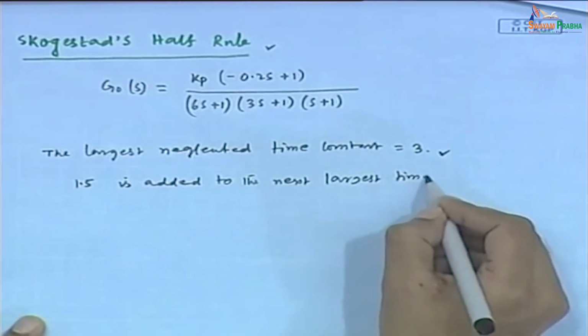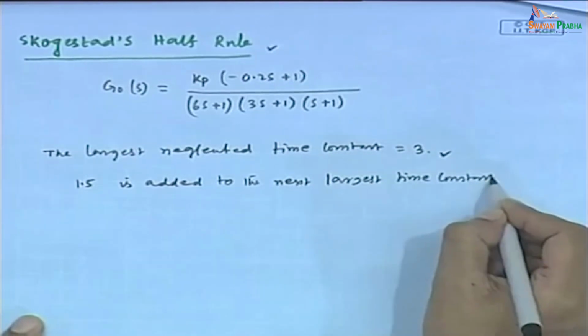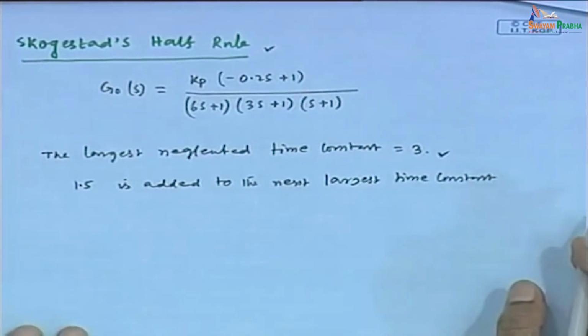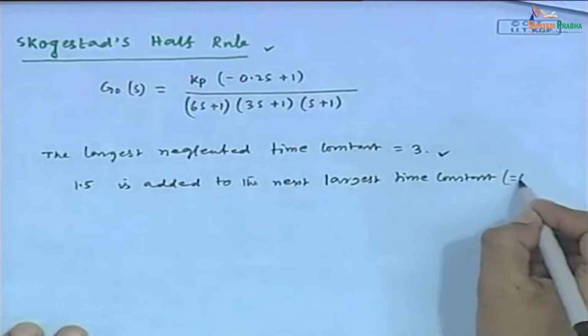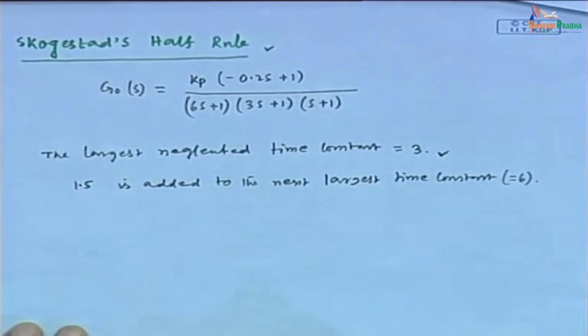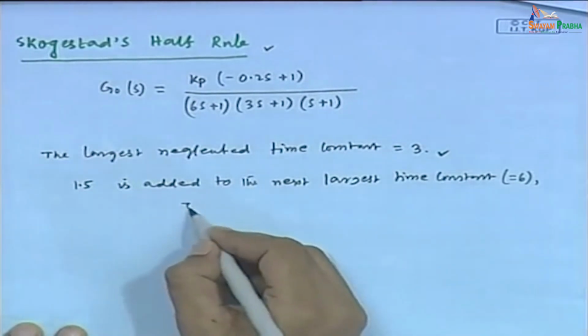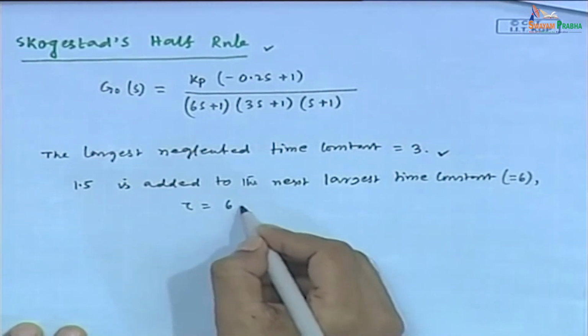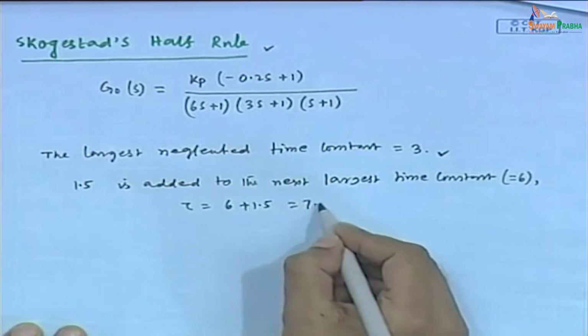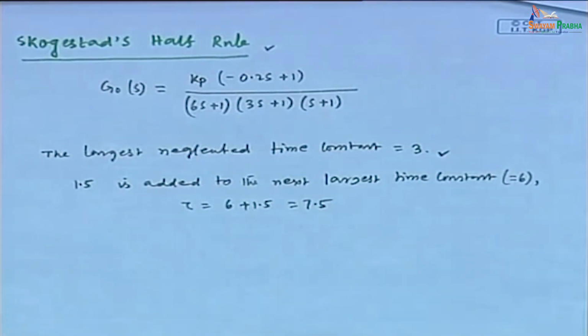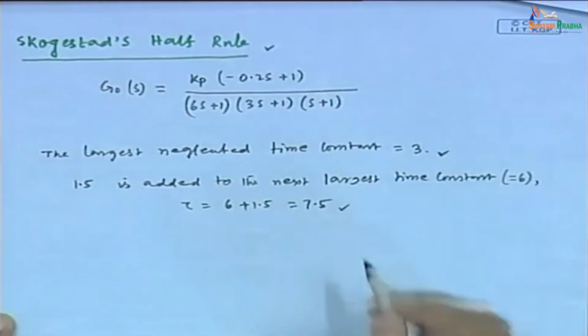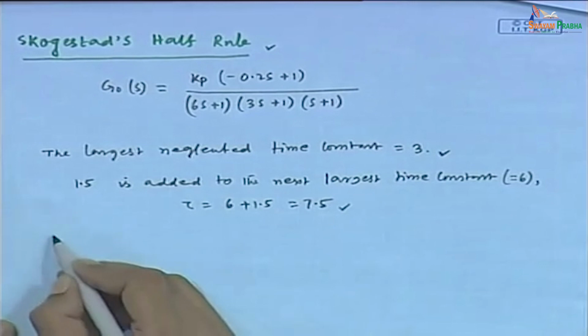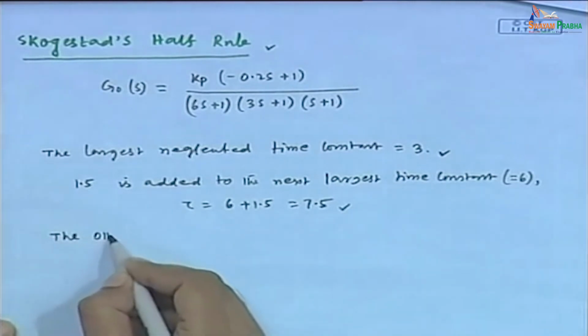What is the next largest time constant? 6. The next largest time constant is 6. That means the time constant becomes 6 plus 1.5, that is 7.5.